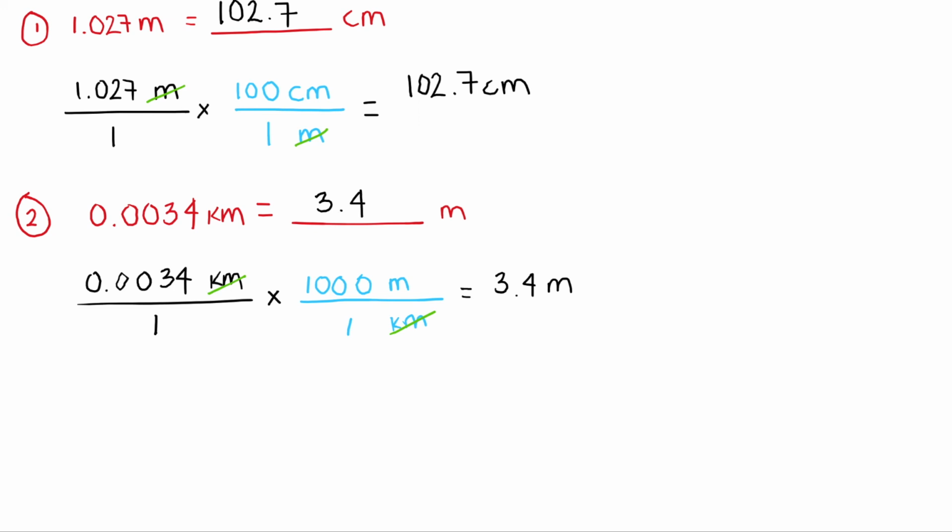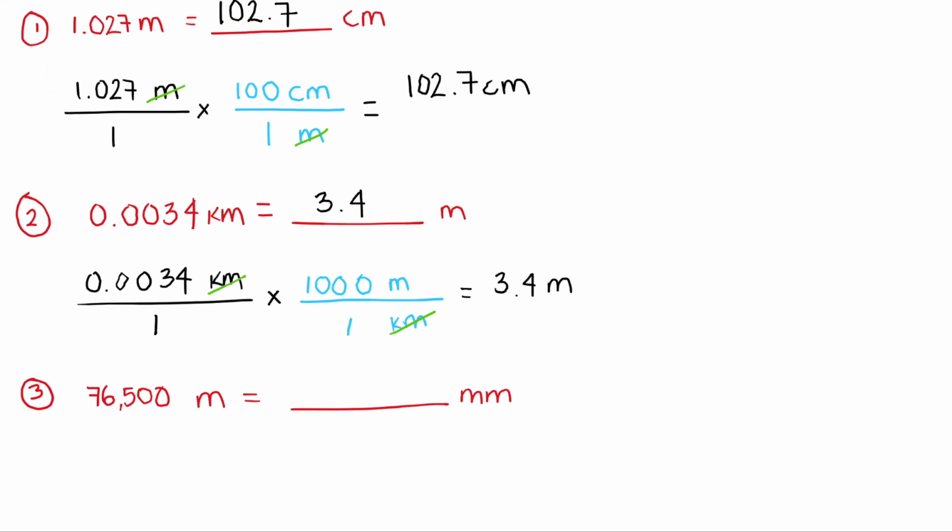Okay, let's do another one. So for this one I have 76,500 meters, and I have to go into millimeters. So we're going to use exactly the same procedure.